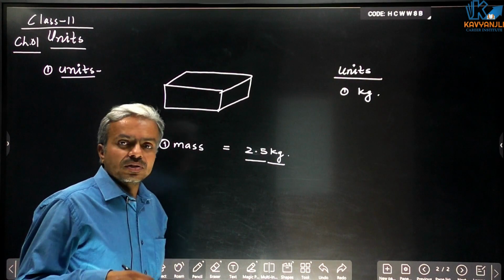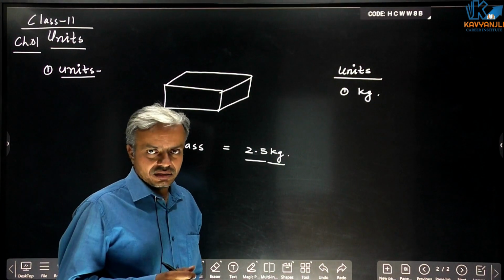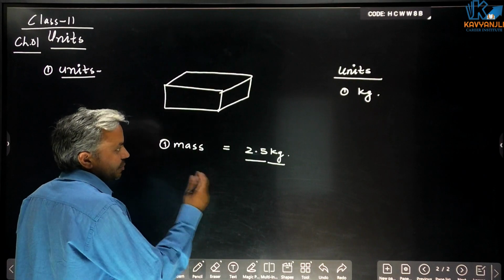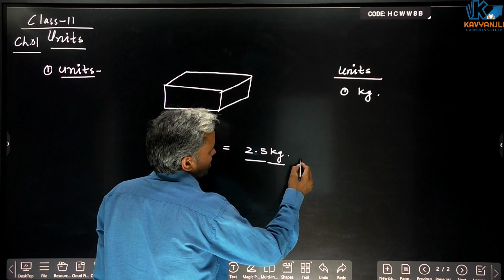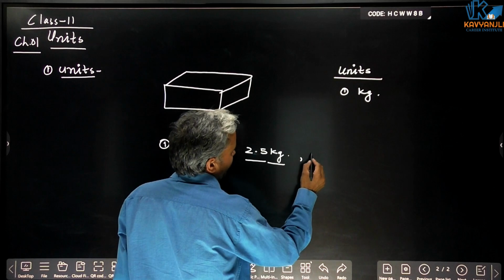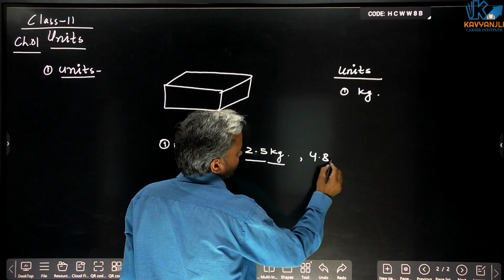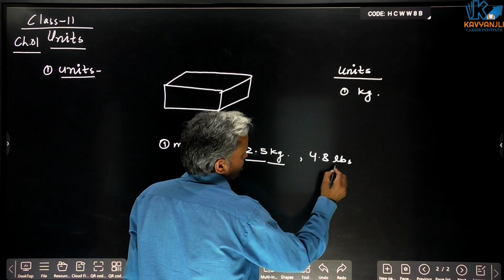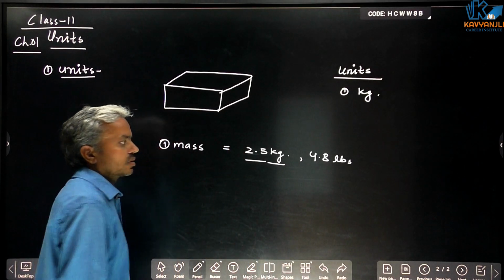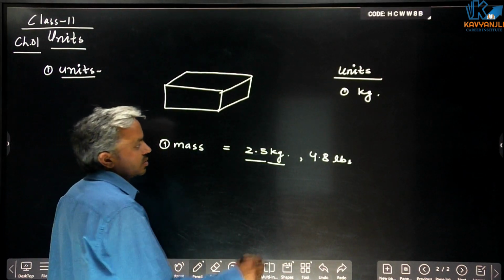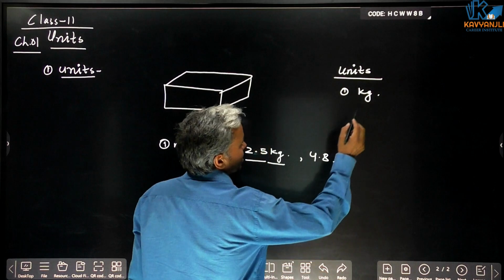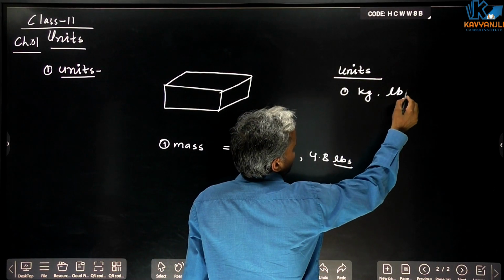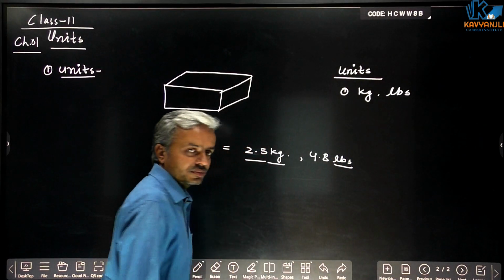We bring another person from another continent. It measures its mass as 4.8 lbs. So what is lbs? It's another unit called pound.